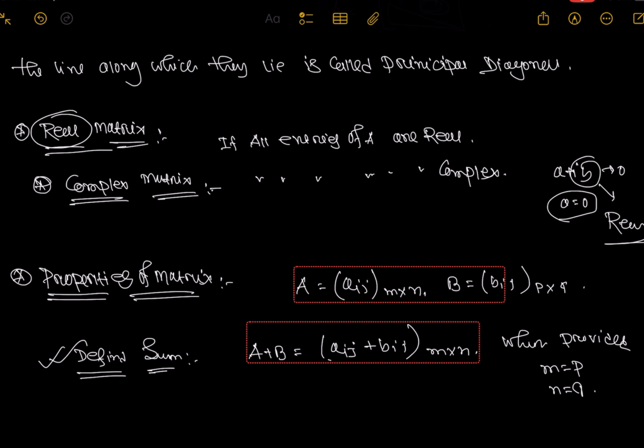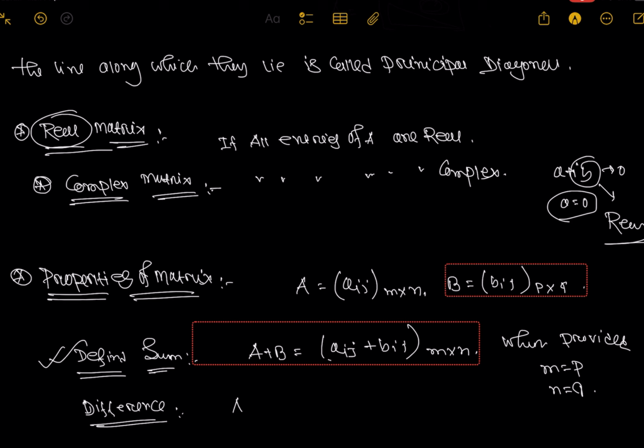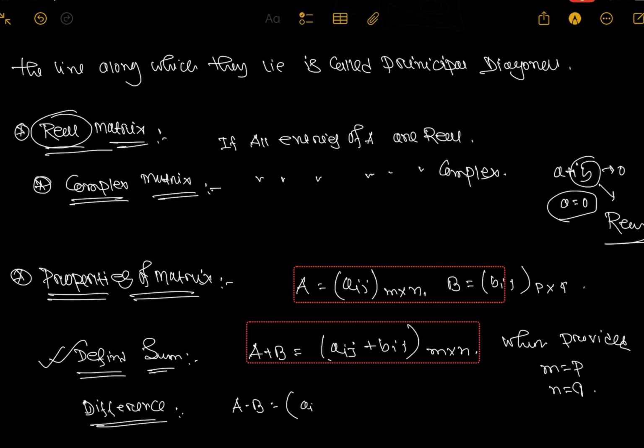Also we define the difference of matrices. Similarly, the difference of matrices A minus B is equal to A of ij minus B of ij with m cross n.